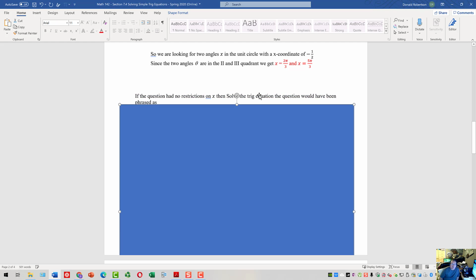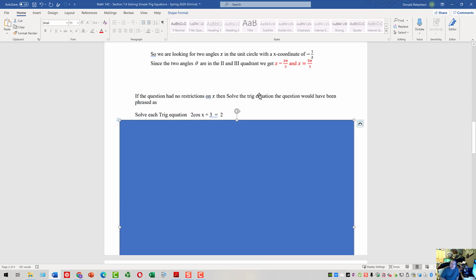Now, what we do is we then look at what the result would look like if there were no restrictions. Well, use these 2 guys here, the 2/3 pi and the 5/3 pi, as your building blocks, then add multiples of the period, multiples of 2 pi.